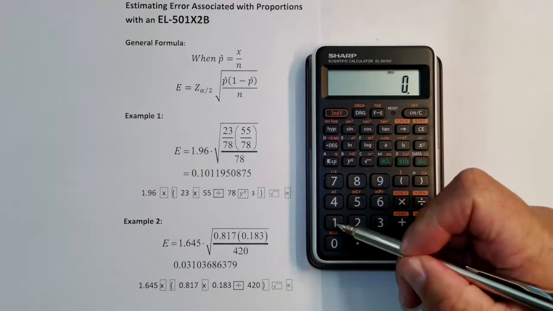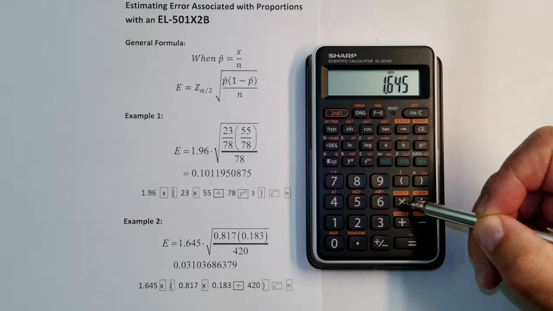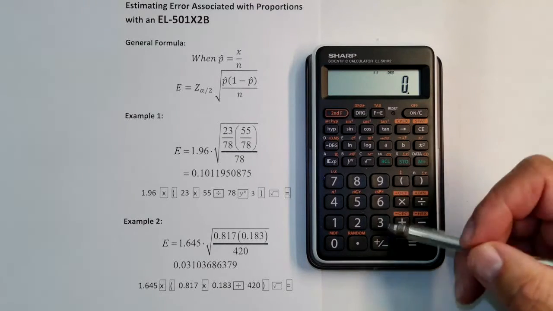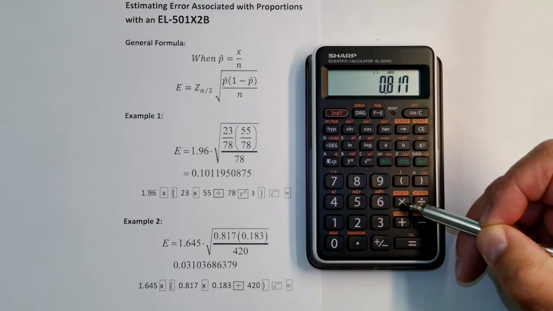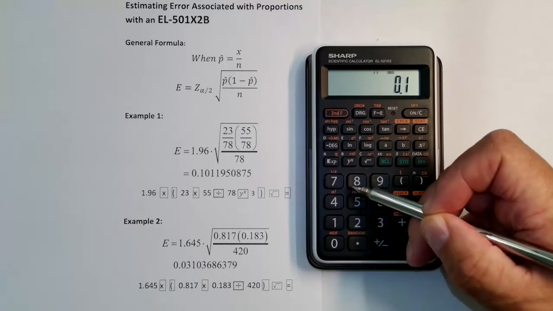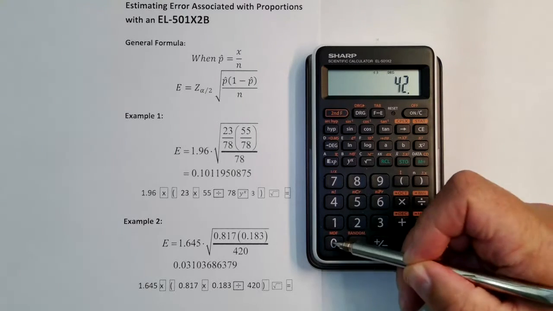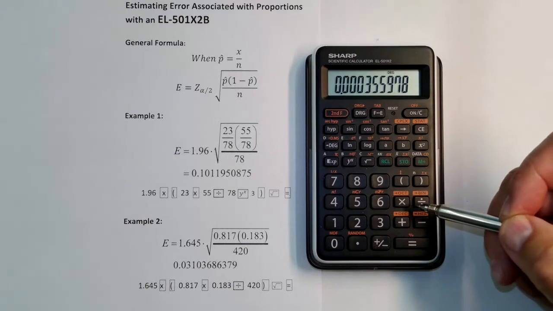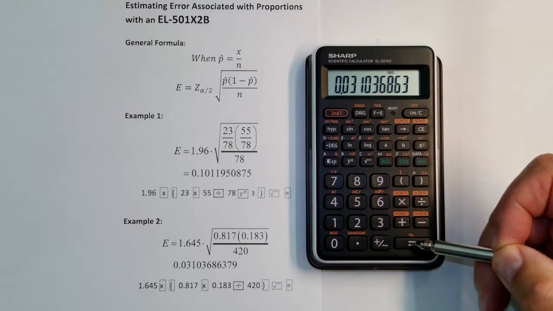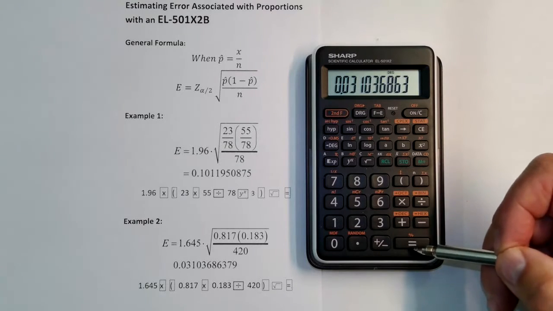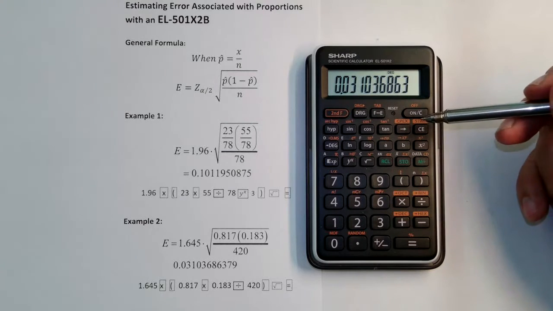I would go 1.645 times, in parentheses, I'd go 0.817 times 0.183 divided by 420, close parentheses, and then you hit the square root. But don't forget the equal to sign. 0.03103686, et cetera, et cetera.